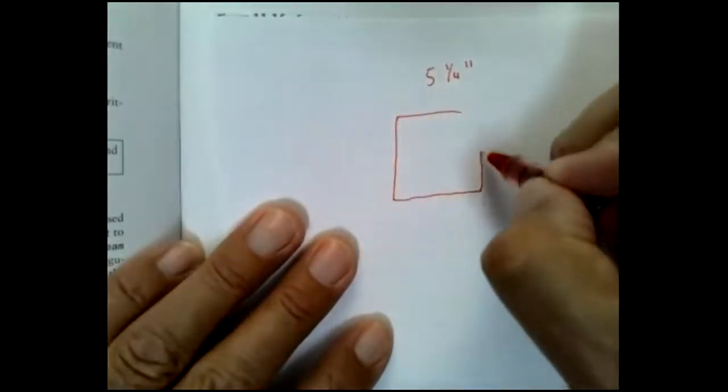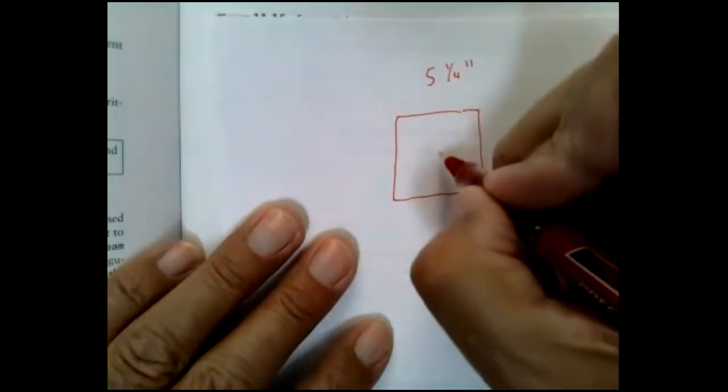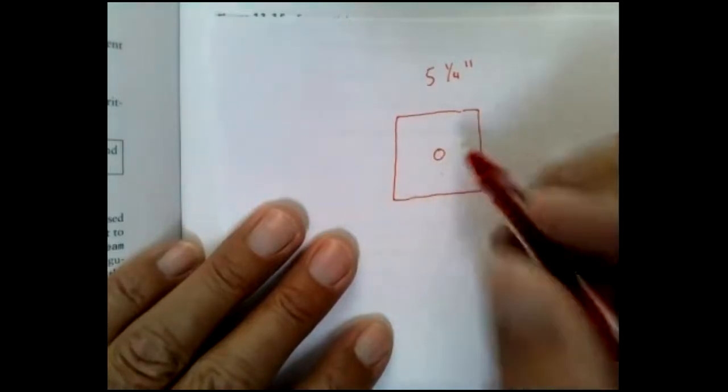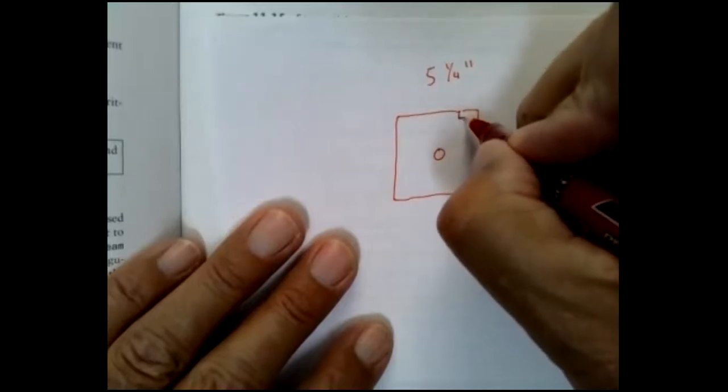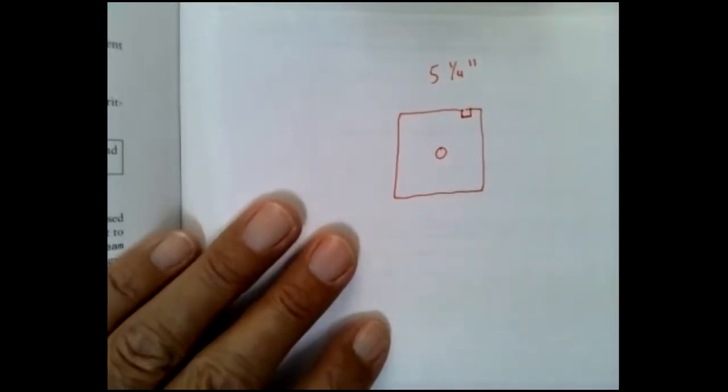Okay, that makes sense. Darren likes my stories today, so I'm going to go all the way back to when we had 5¼ inch floppy drives. They looked something like this. They were flat, black, round, with a disc inside. One of the things they had was a notch cut out.